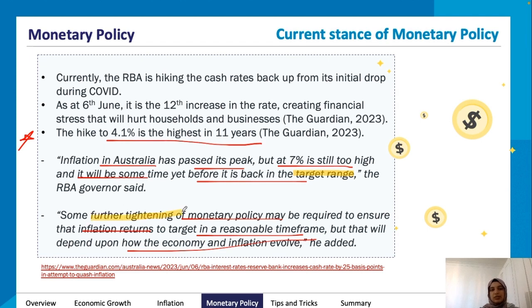When you talk about the theory of what monetary policy involves, you're going to inevitably talk about the target range that they've had since the 1990s, of 2 to 3%, and how they were able to come to that. Then you talk about the further tightening of monetary policy that may be required, things like that. So they do want to get down to 2 to 3% because they're at 7%.